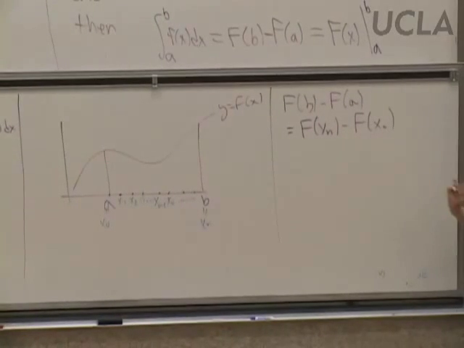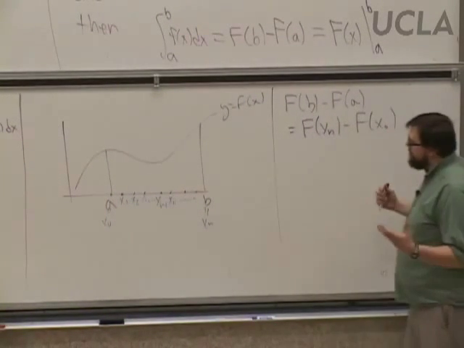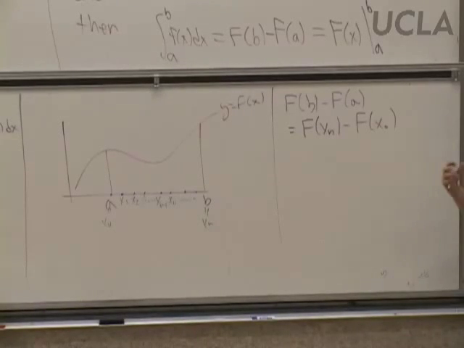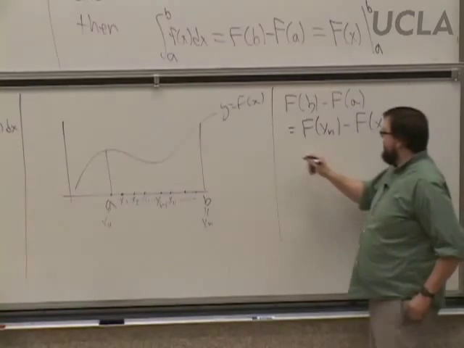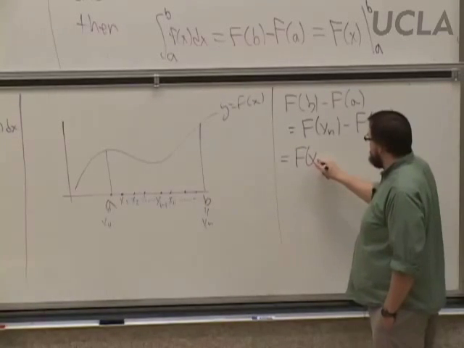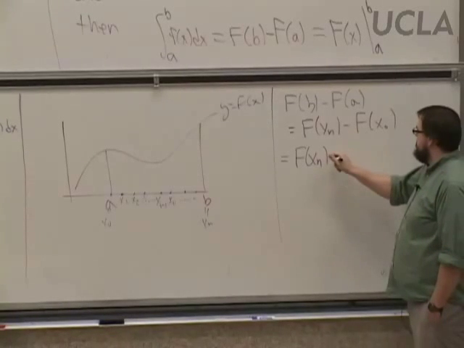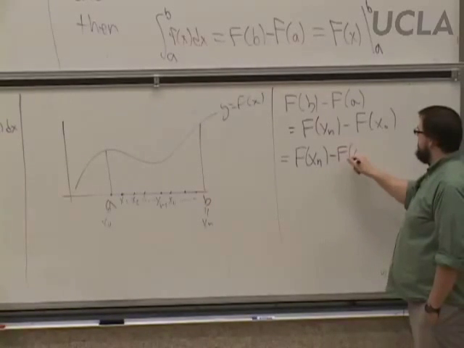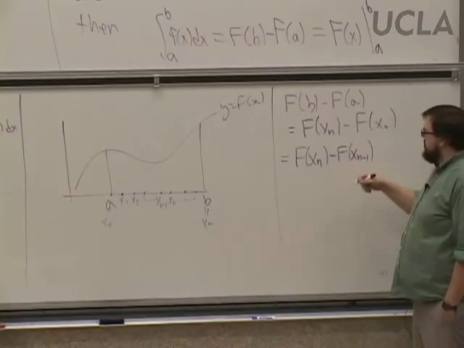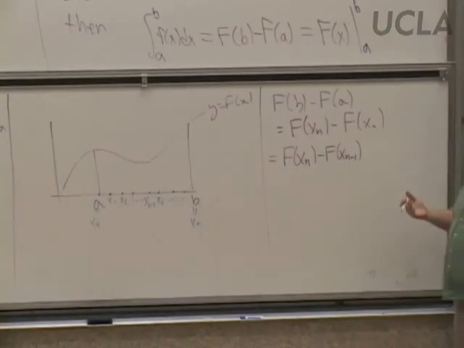I mean, that's nothing yet. And then we're going to employ a really cool trick in math. This is one of those really cool, like, wow, that's so cool. How would you have thought of that? Here's the trick. I'm just going to add and subtract stuff. So I'm going to start with my f of xn. I'm going to subtract f of xn minus 1. But of course, I didn't have an f of xn minus 1 term in there before, so I need to cancel it out. How do I cancel it out?